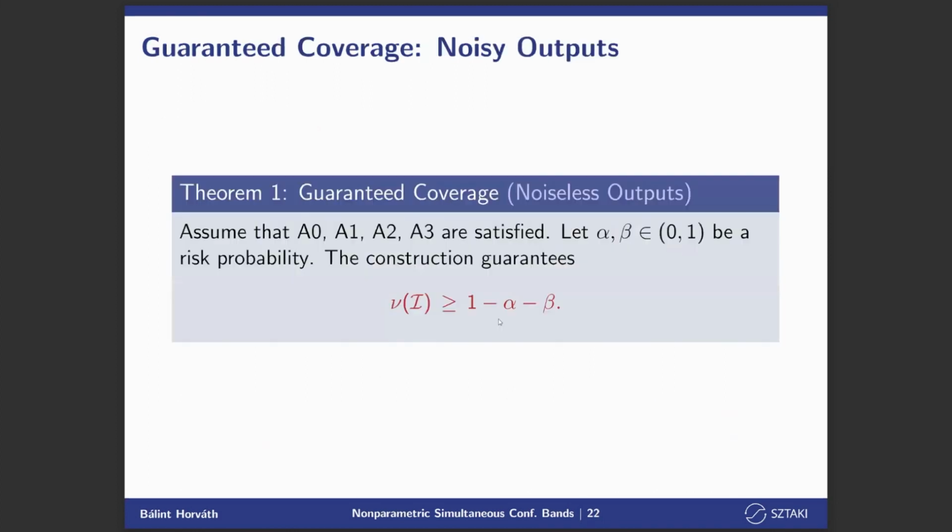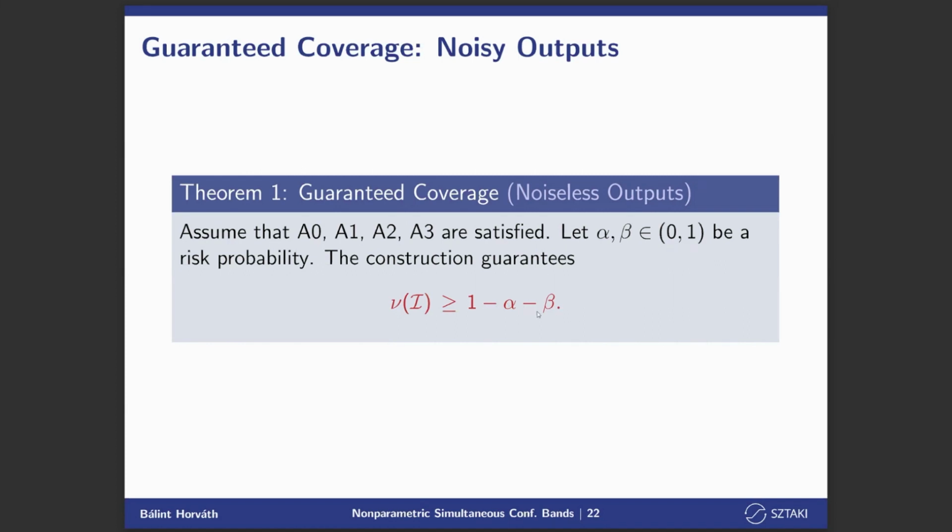And we can state a similar theorem for the noisy output case too, once our assumptions are satisfied and these risk probabilities are chosen however the user likes. So some examples: if I want to guarantee a 90% inclusion, or a 90% reliability, then I can choose, for example, both alpha and beta to be 95%, or I can choose however we like.